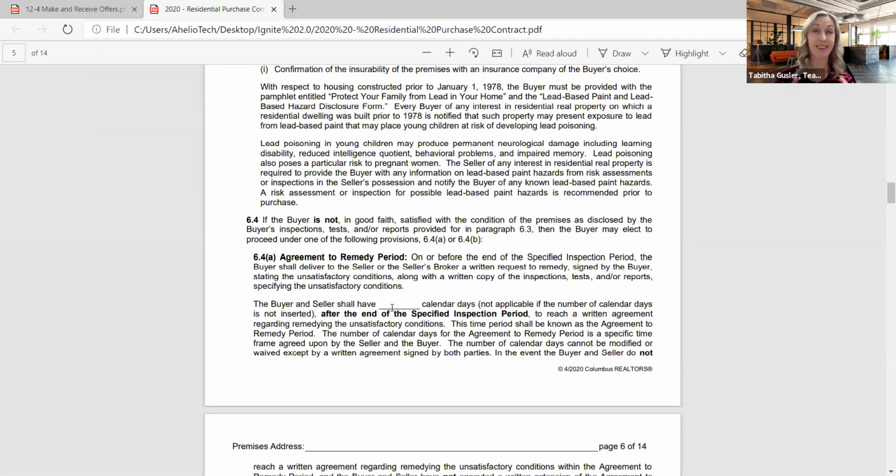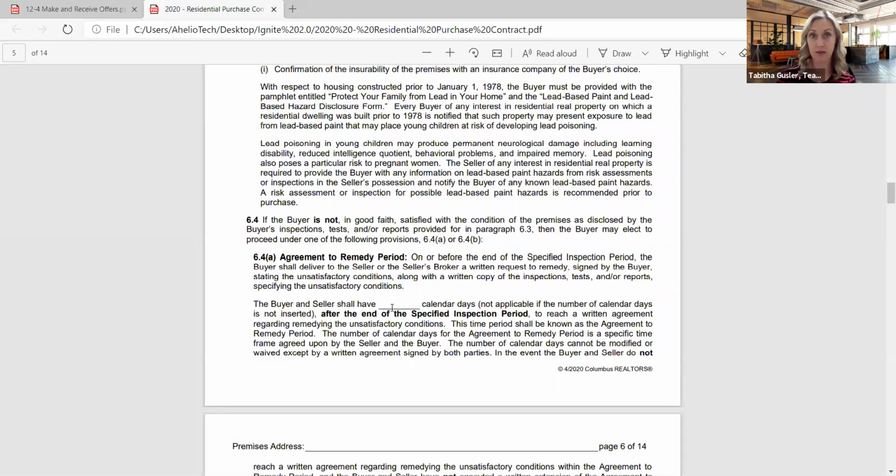So a lot of times this is another period of negotiation where the buyers will ask for a list of 20 items, right? You would send that list along with a copy of the inspection or the specific inspection pages associated with the numbers that you sent, right? And then your seller and your listing agent have 5 days.